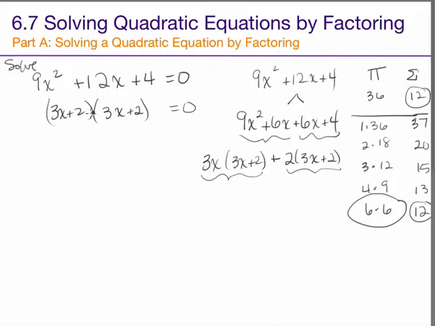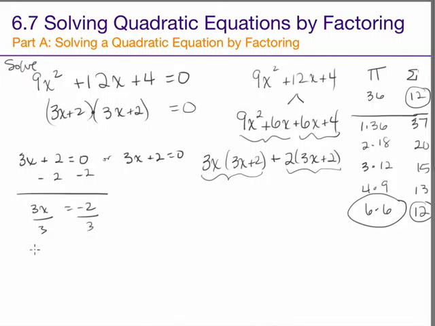A times b equals 0 means either a equals 0 or b equals 0. In this case, they're both the same thing. There's no point in solving this equation all over again.